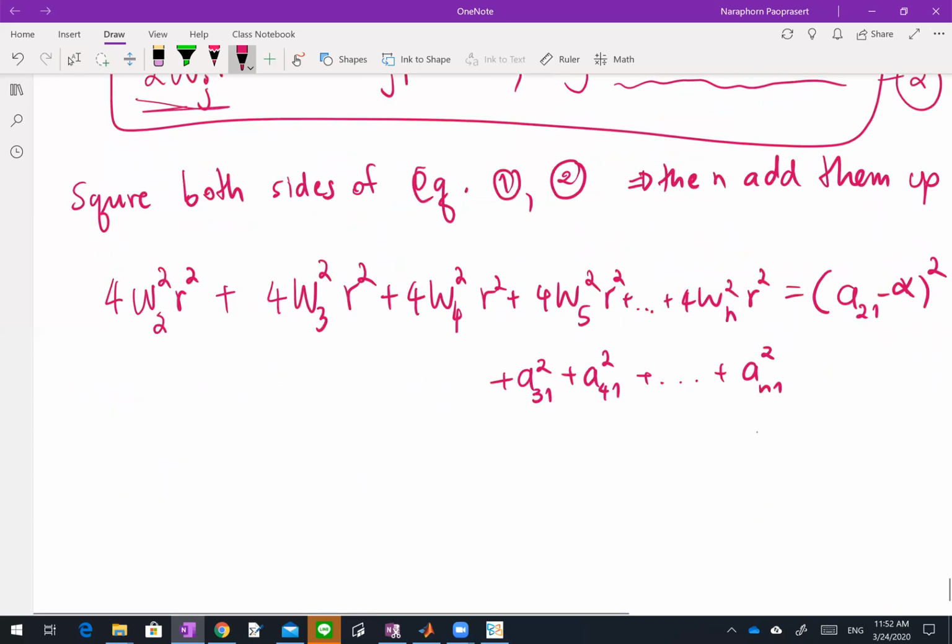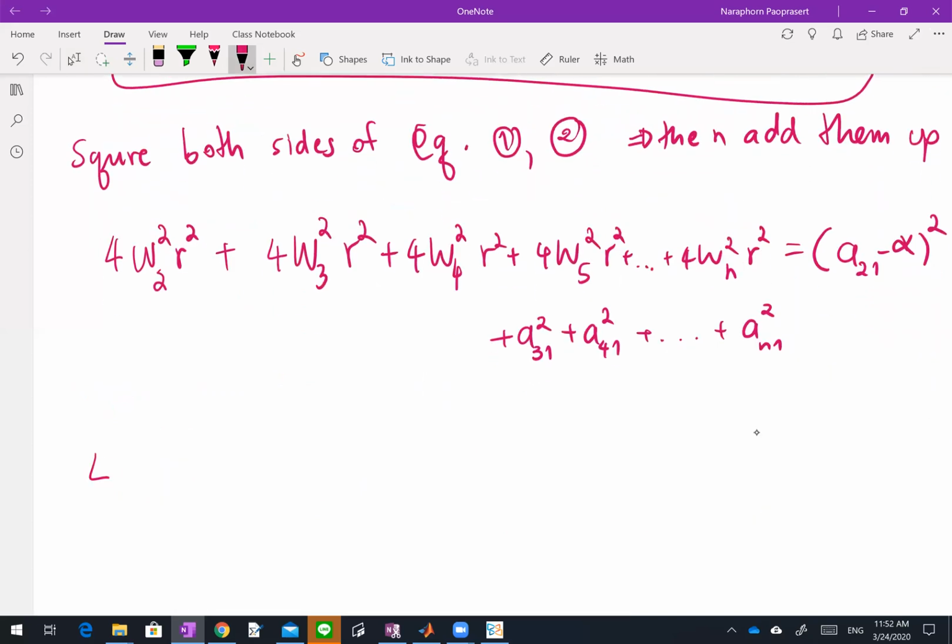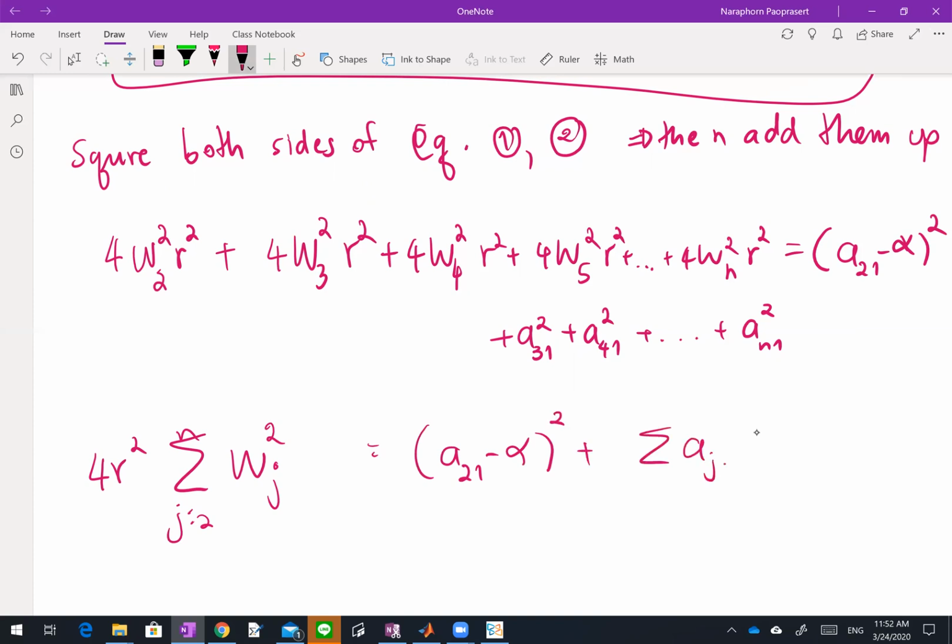I'm going to write it in terms of the summation. So it's 4r square times summation j from 2 to n wj square, and the right-hand side is a21 minus alpha square plus summation aj1 square, j from 3 to n.